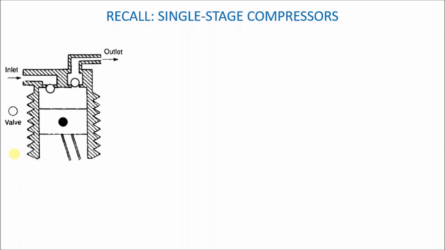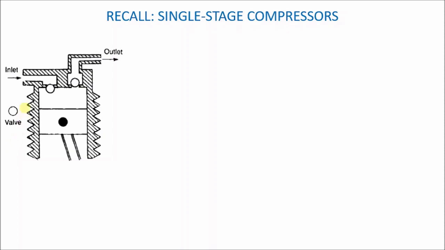So when we say a single stage compressor, we're just talking about a compressor that uses one cylinder. We number the stages based on the number of cylinders that are used in the compression of the air.